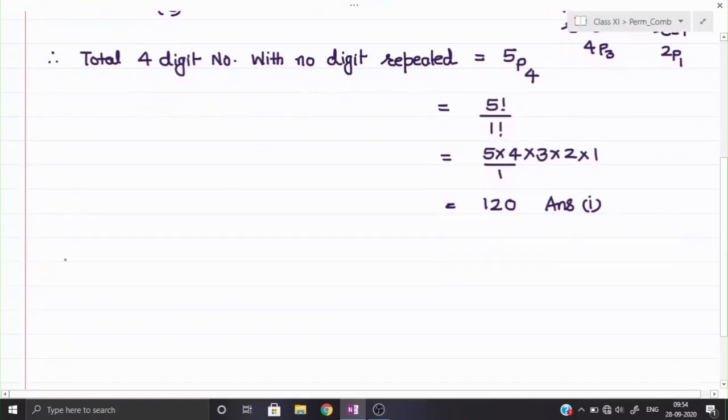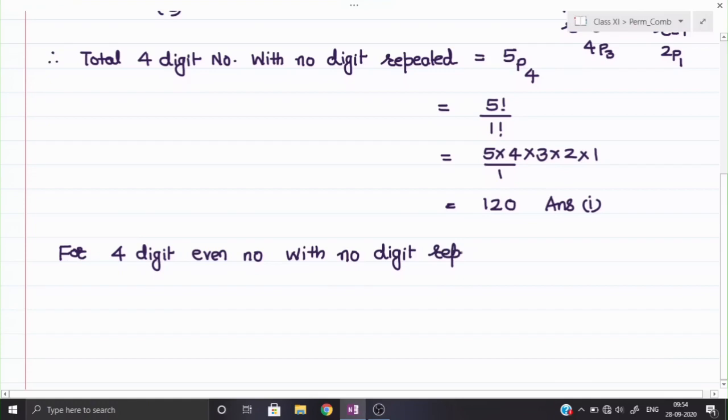Now we'll say that for 4 digit even number with no digit repeated, okay, this is the condition we need to find out now. So first we shall talk about the unit place only.